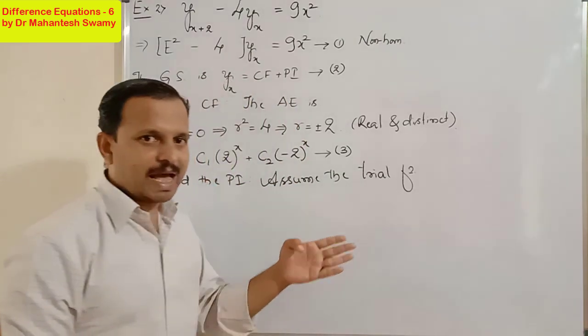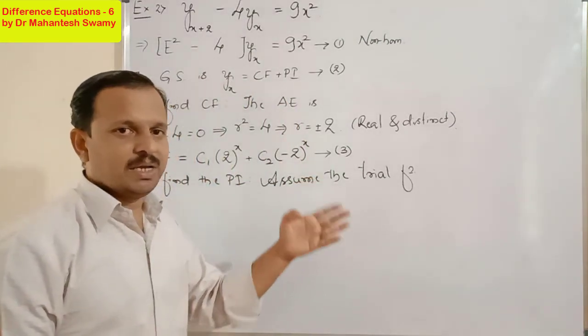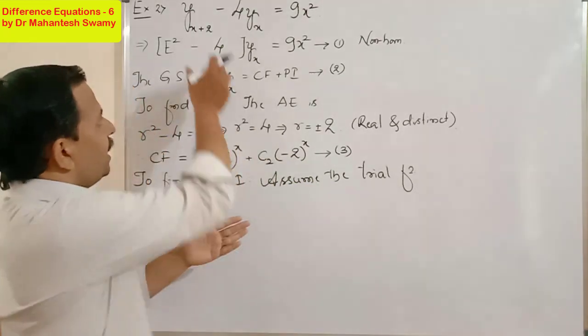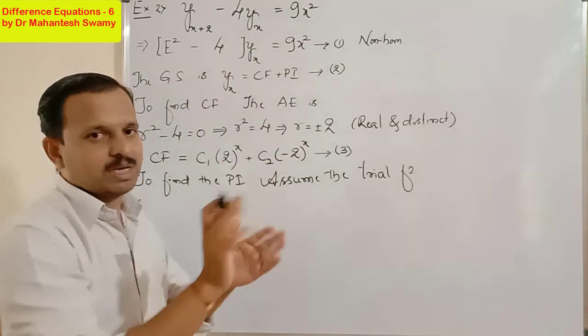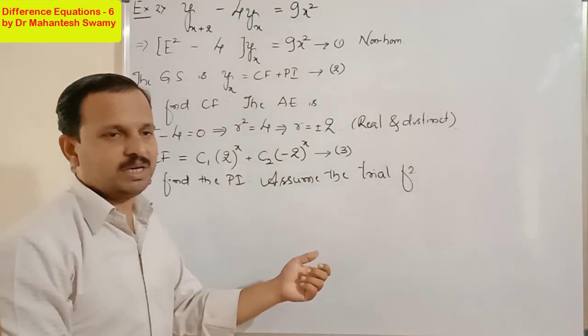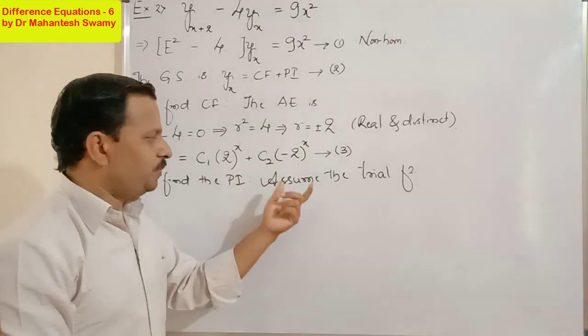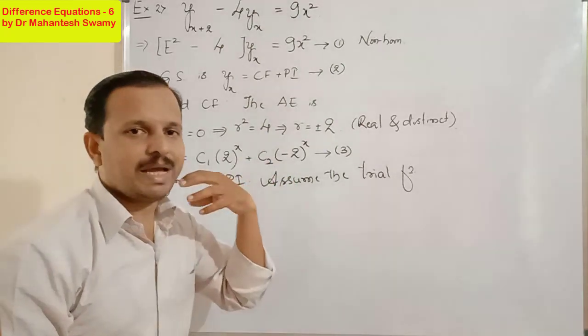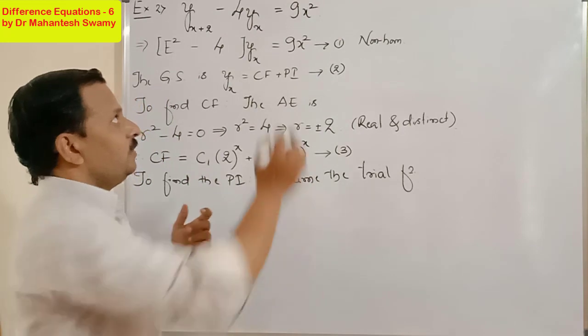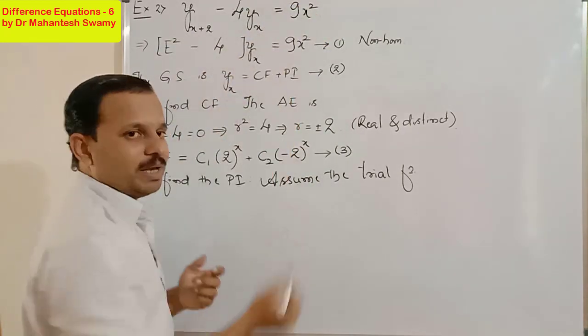I am not proceeding as I have done in the previous example. In the previous example, I took the particular integral as 1 divided by this bracket operated onto this. I am not doing so here. I am considering the trial function in this case because I want to explain another alternative technique of finding the particular integral when the right hand side function is a polynomial function.